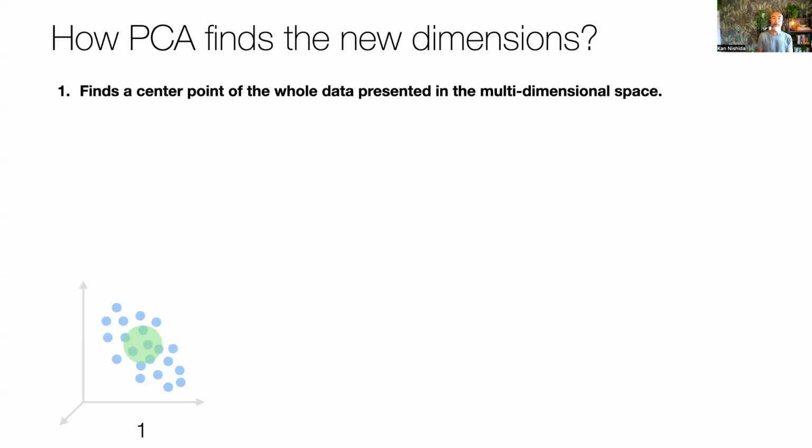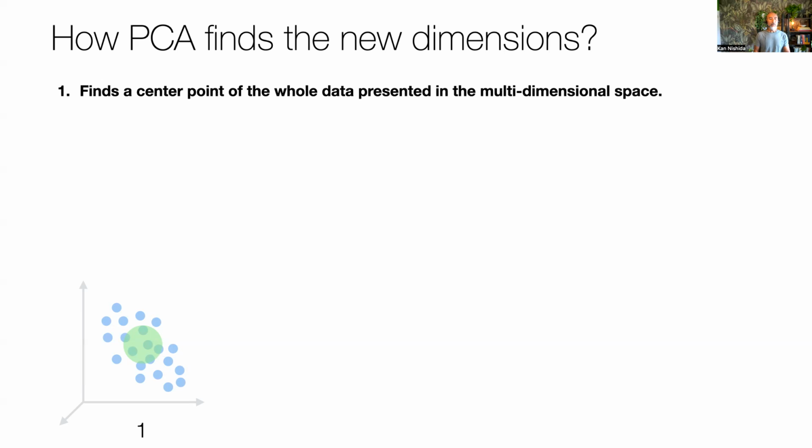So originally we had 15 dimensions, but maybe we can express that information with 2 or 3 or 4 newly, artificially created dimensions or variables. That's really what PCA is.